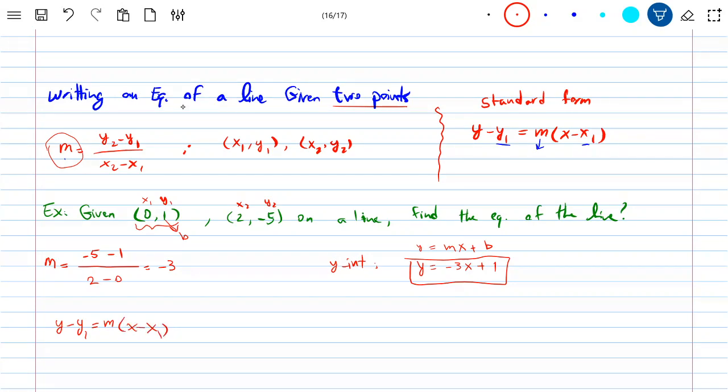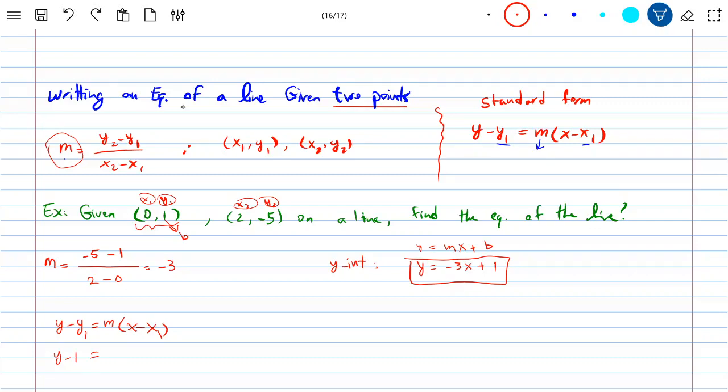Use the standard form. Here, it doesn't need to be x1 and y1; you can use the other point, x2 and y2. It doesn't really matter. Let's use x1 and y1, in this case 0 and 1. So you would have y minus 1 equals m times x minus 0, and we already found m.